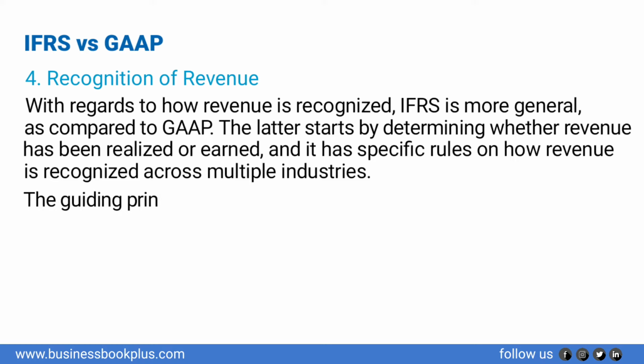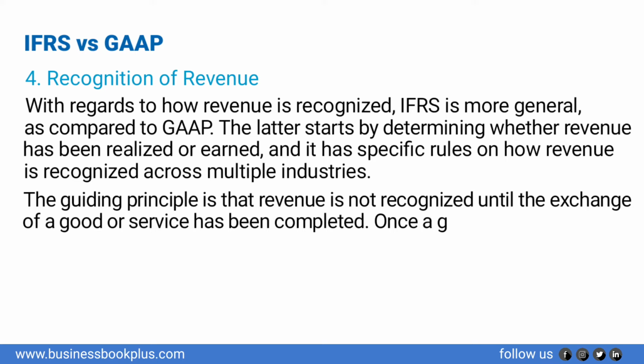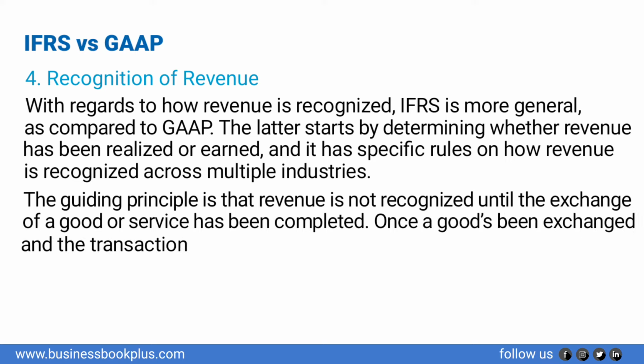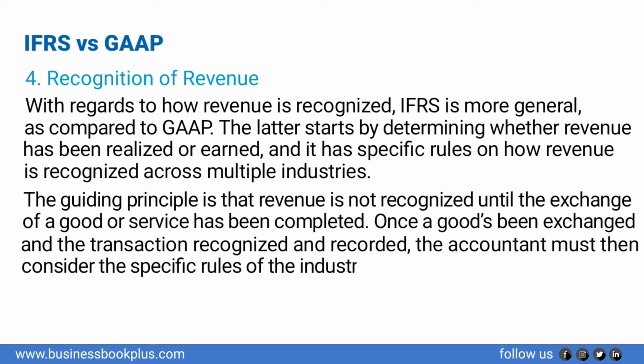The guiding principle is that revenue is not recognized until the exchange of a good or service has been completed. Once the goods have been exchanged and the transaction recognized and recorded, the accountant must then consider the specific rules of the industry in which the business operates.